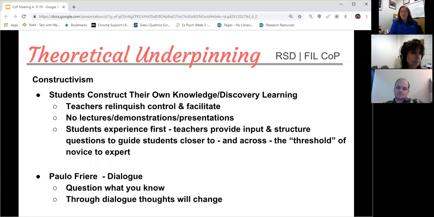There generally aren't any lectures, demonstrations, presentations, but the teachers need to really scaffold instruction to guide students, to provide activities, to ask questions, to direct them to knowledge that they need to know. So that's one idea, the constructivist idea.